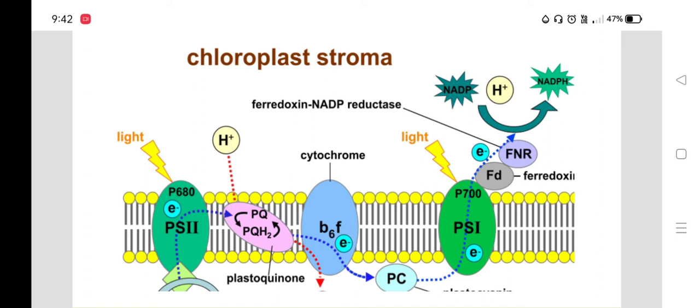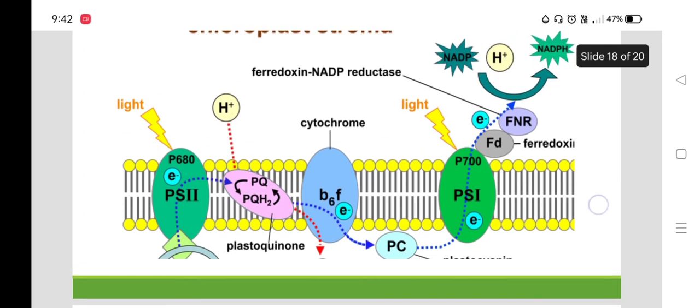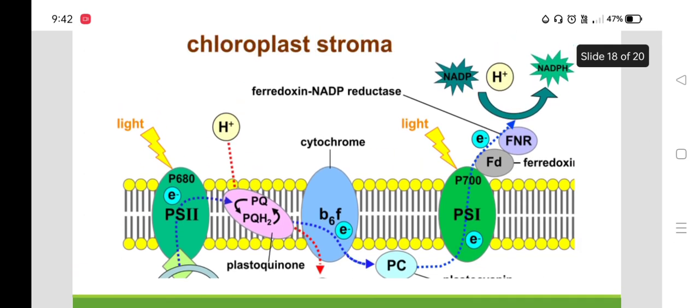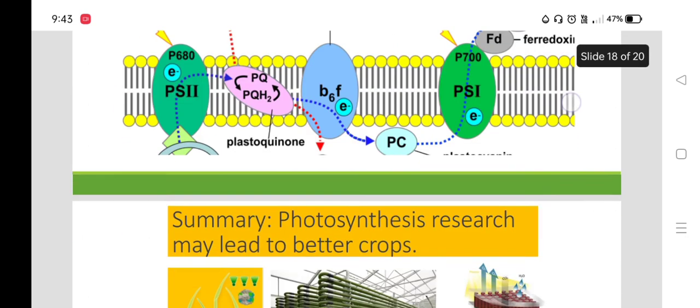After transferring the energy to the chlorophyll A molecule, the chlorophyll A molecule will be excited and will transfer the electron to the first electron acceptor, which will be plastoquinone in case of PS2, and then the cycle will continue. Then PS1 takes the electron and transfers it to the ferredoxin, which is the first electron acceptor in case of PS1. Then the further cycle will continue.